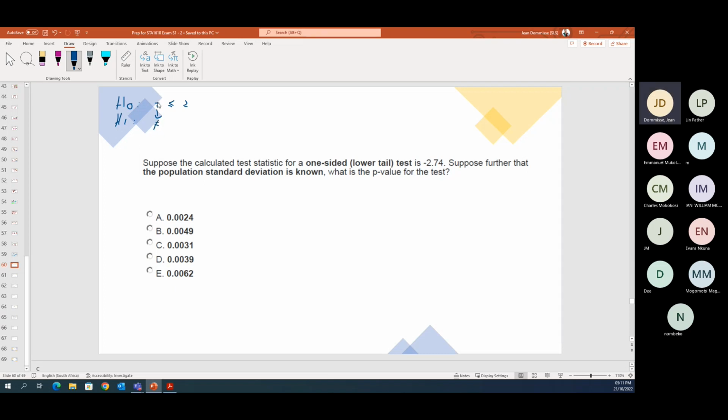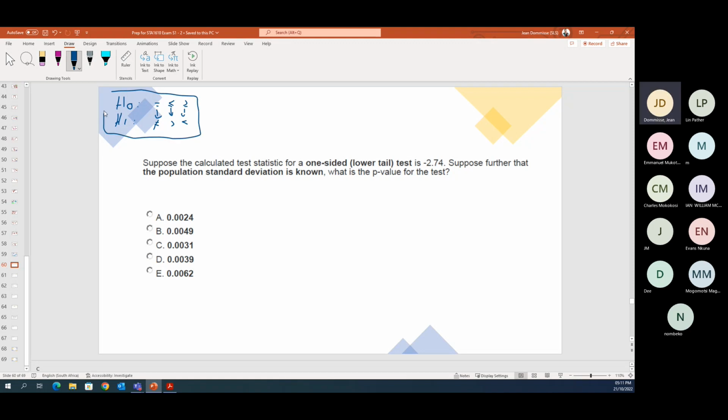So if it's equal to, the alternative needs to be not equal to. If it's smaller or equal to, it needs to be bigger. If it is bigger or equal to, the alternative is smaller.